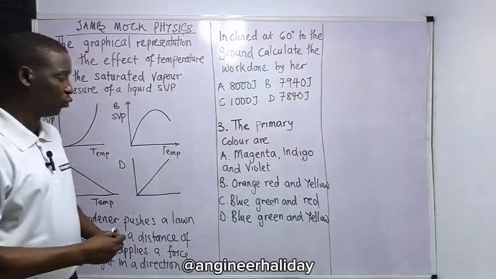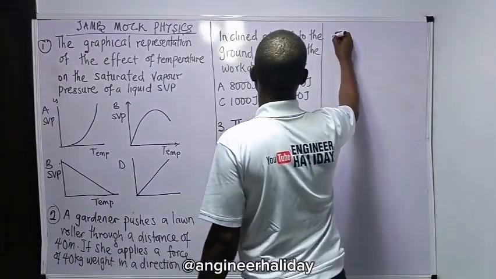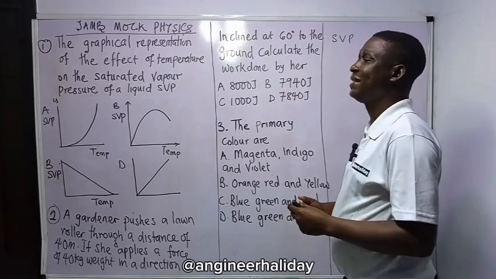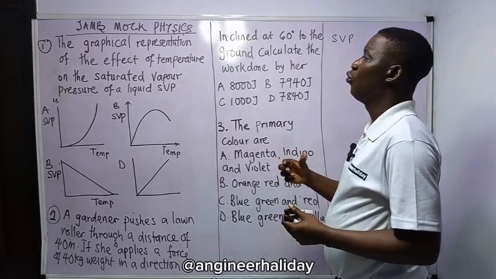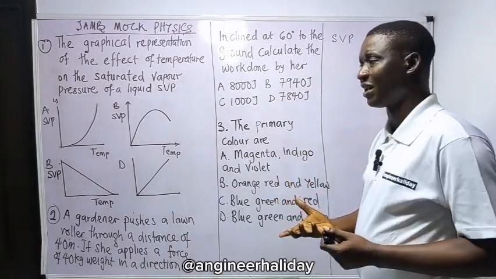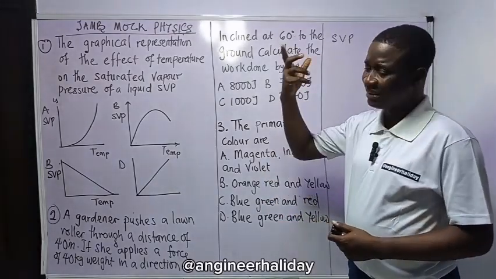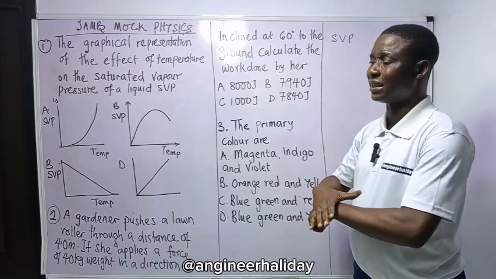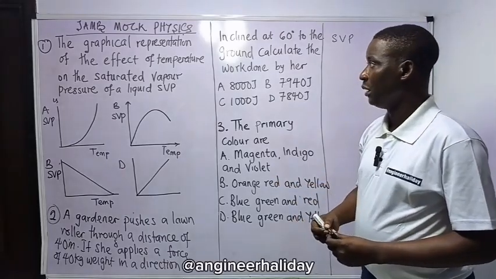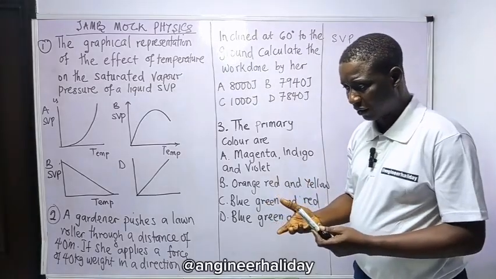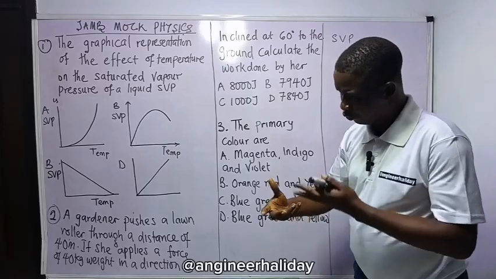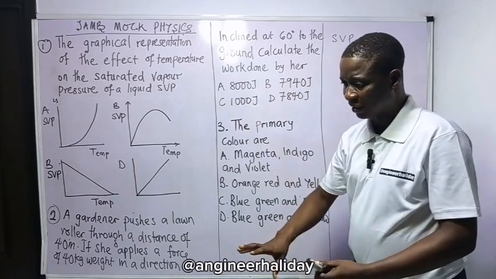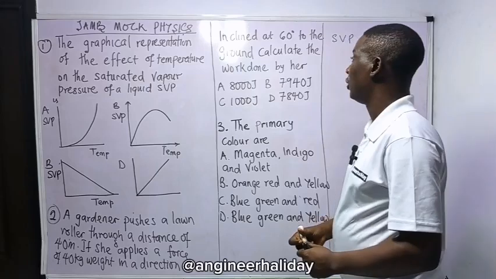First of all, we must know that the saturated vapor pressure, SVP, is achieved when you heat a substance and the number of molecules going out is equal to the number of molecules returning to the liquid. Therefore, we say it has attained saturation.